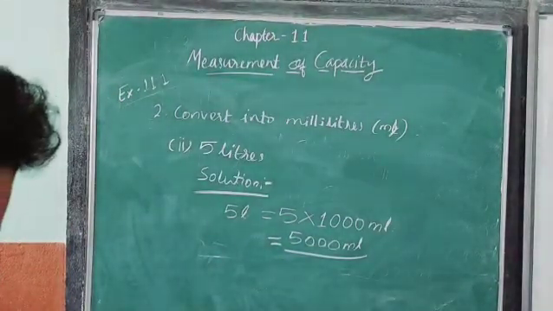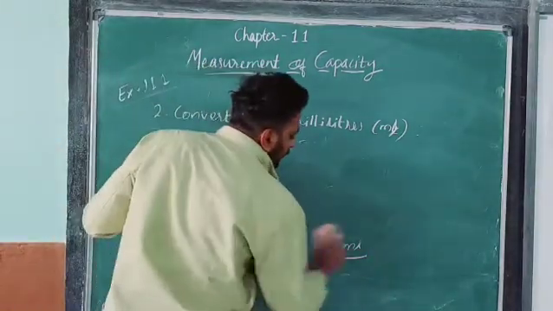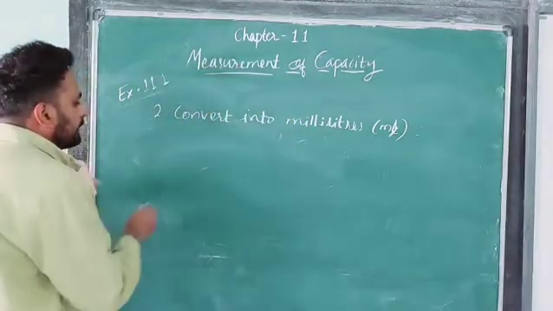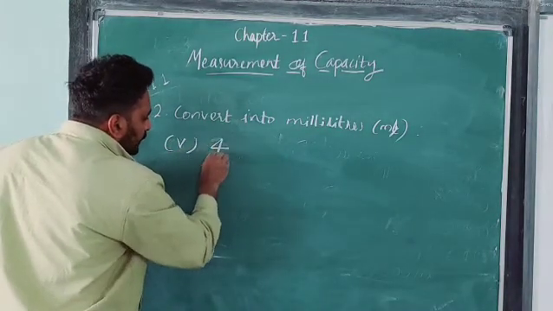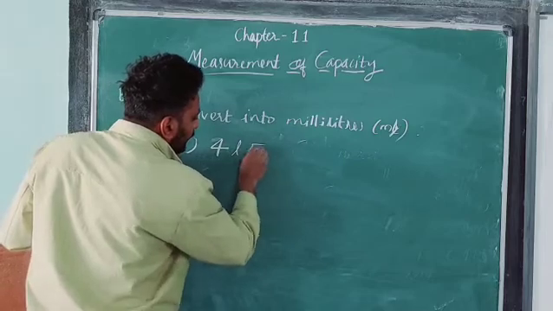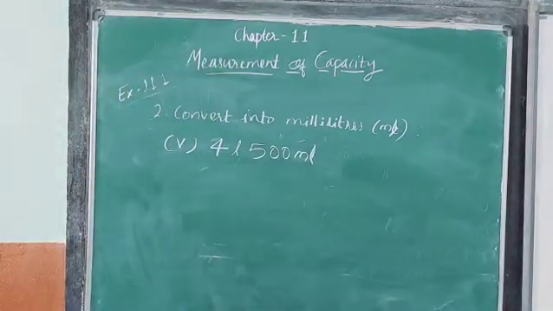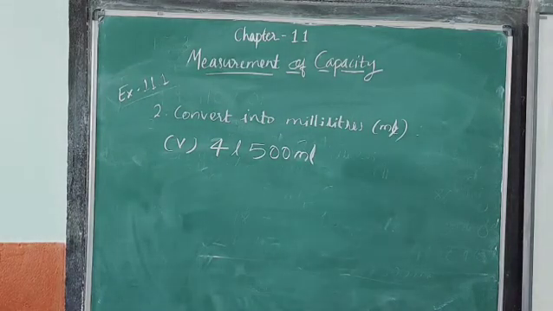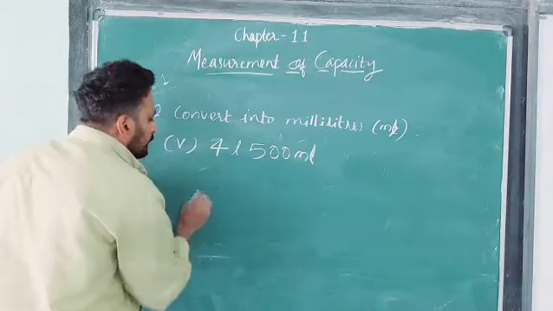4 liters 500 ml. Convert 4 liters 500 ml into milliliter. So let us check how to convert 4 liter 500 ml into milliliter.